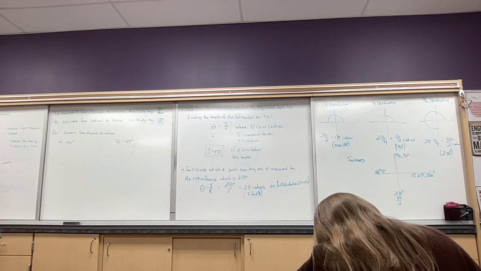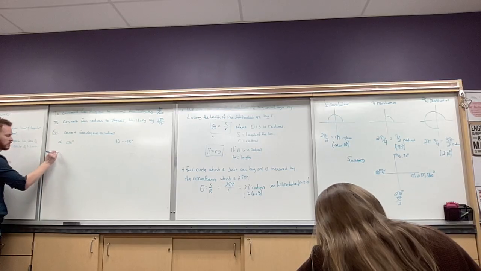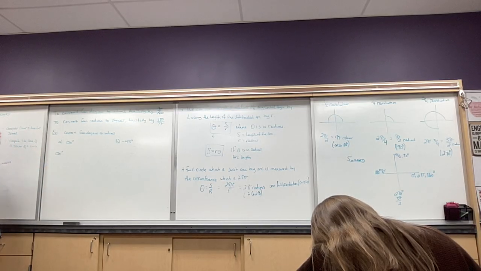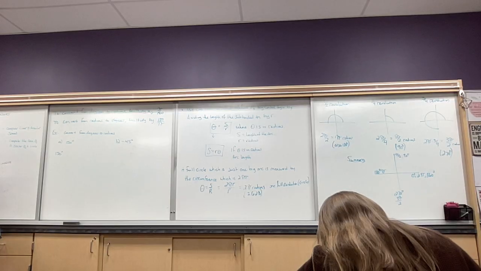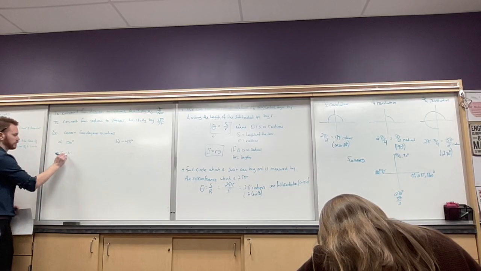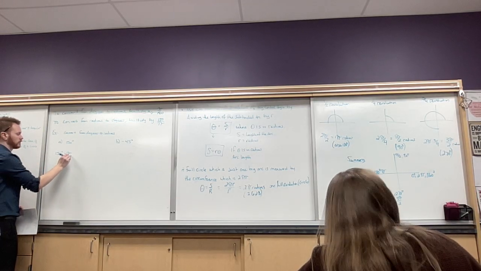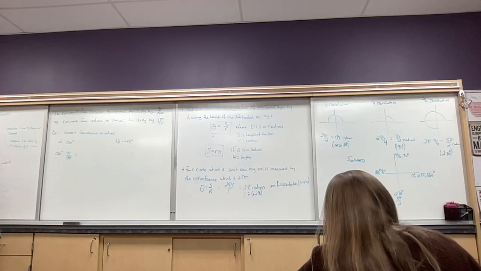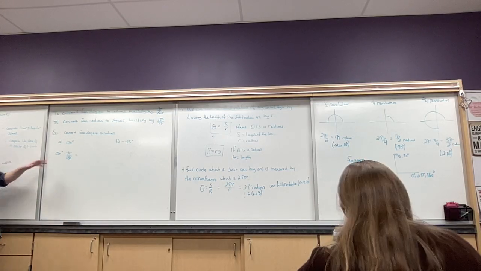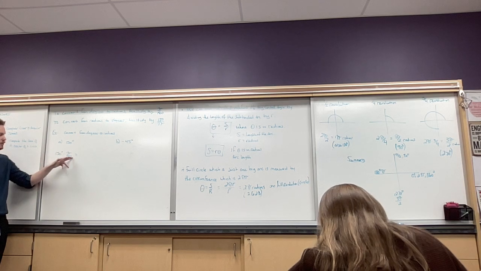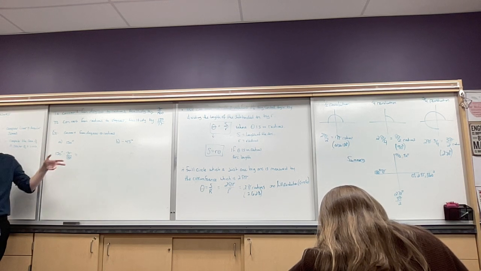So for the first one, I'll take the 150, okay? And looking at what I just wrote up above, to go from degrees to radians, I'm going to multiply by pi over 180. Now the reason why this converts to radians, look at what's happening here. You have a degree measurement on top, degree measurement on the bottom. Those degree units are going to cancel out.